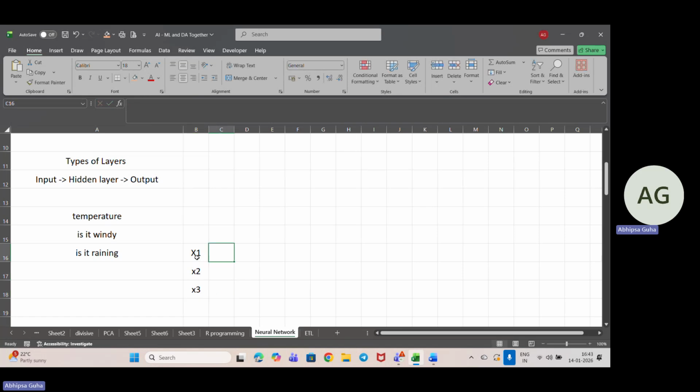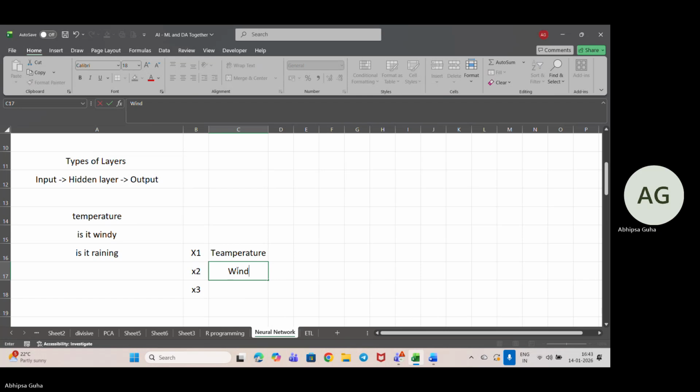We have already discussed all this; just for reference, I am giving you the update. The meaning of x1 is temperature, x2 is the wind, and x3 is the rain.